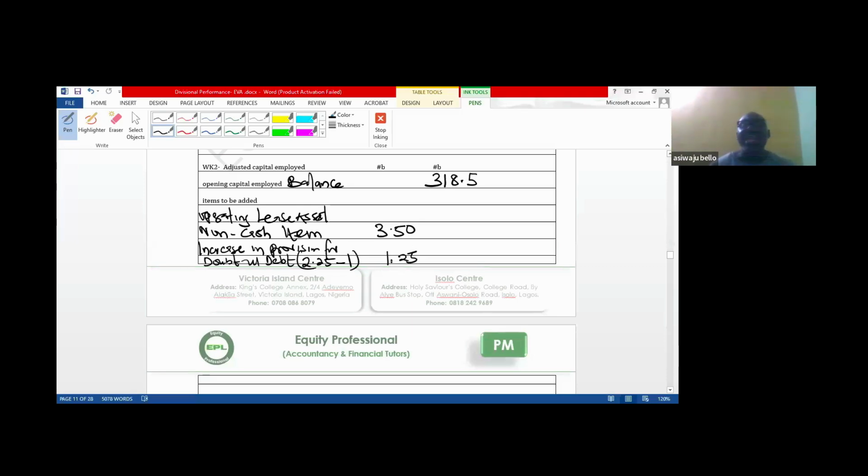These are the 2 items that will be added. If you sum these two, 3.75.